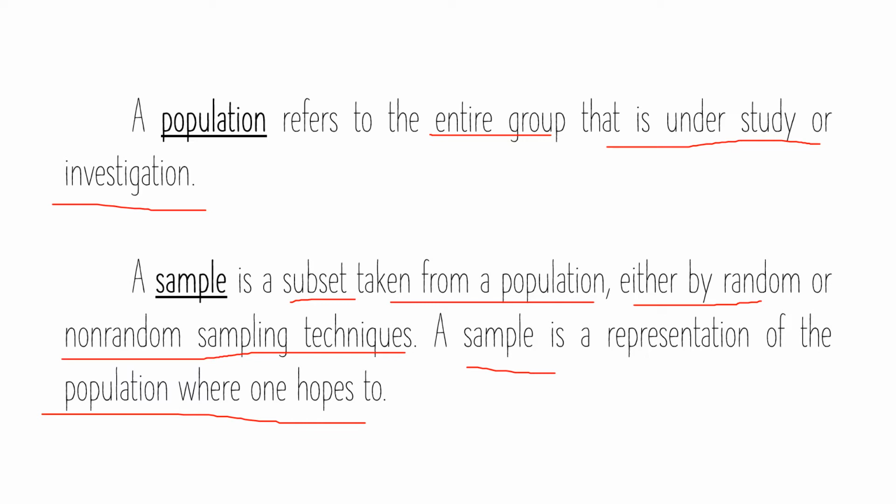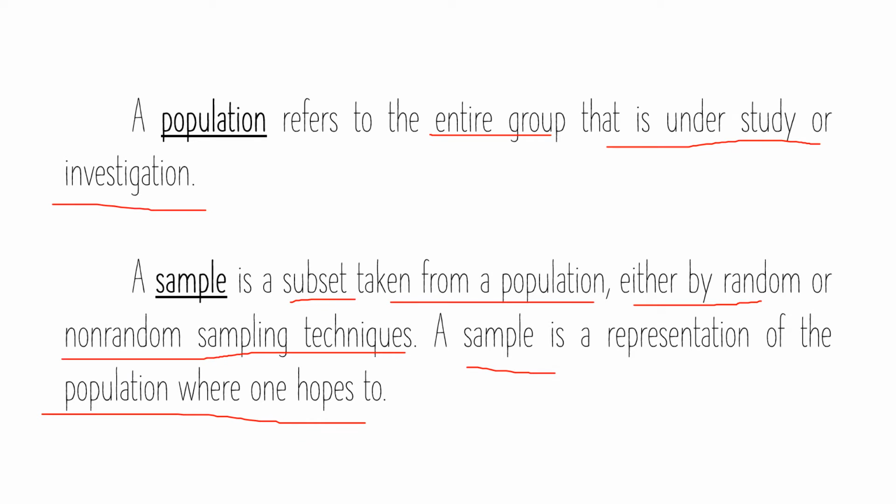The size of the sample is always less than the total size of the population. It should be less than, because this sample is under your population. That's why the size of your sample should be less than the total number of your population.